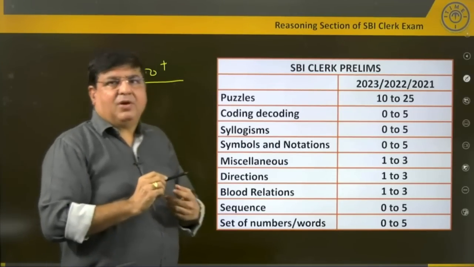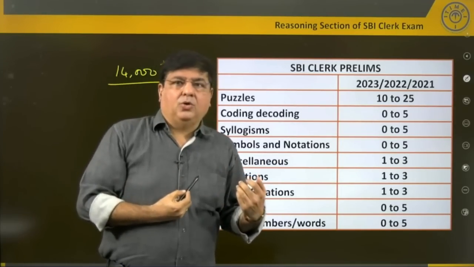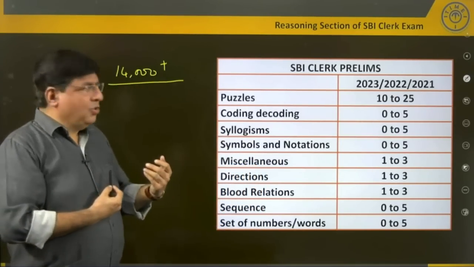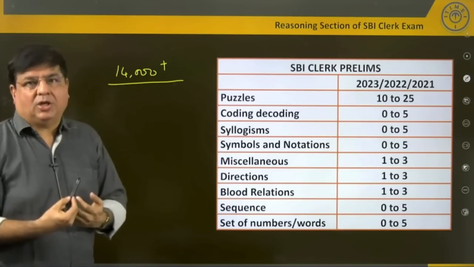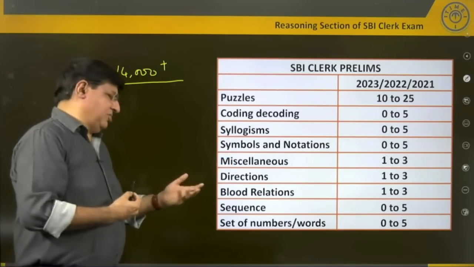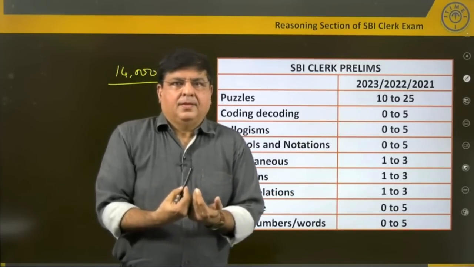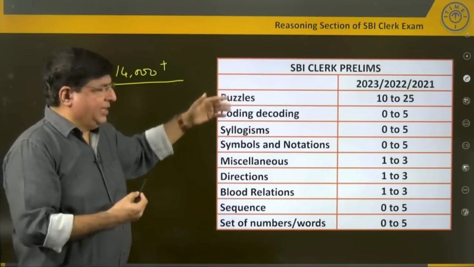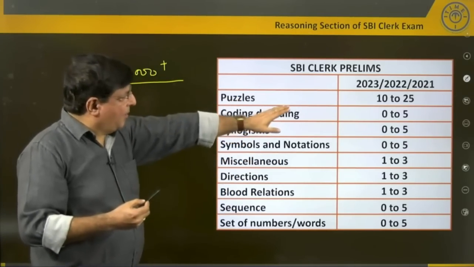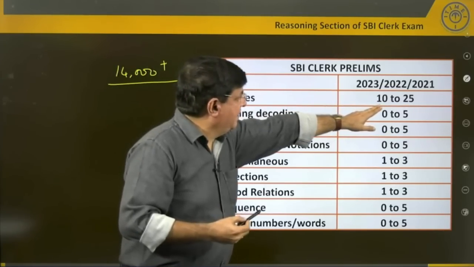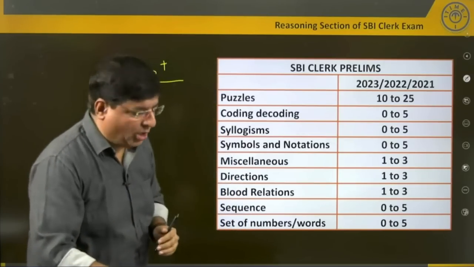It's obvious that the number of people applying and appearing will be much higher compared to the previous year. So you can expect that this exam will be conducted in multiple slots: 8 slots, 12 slots, 16 slots, anything can happen. The more candidates apply, the more slots the exam will be conducted in. So this topic wise breakup that you can see is the number of questions asked in different slots.